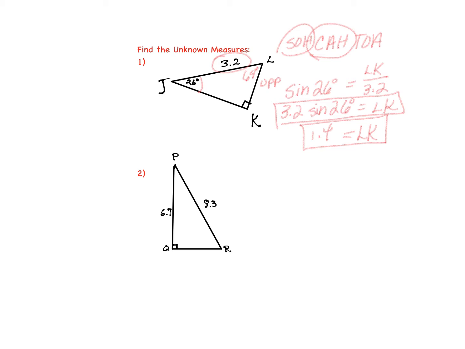So I could say the cosine of 26 degrees equals my JK over the hypotenuse. So 3.2 cosine 26 is JK. So again, into the calculator, and I get 2.87.